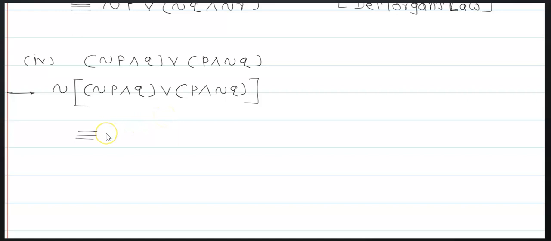That is the negation in bracket negation of P and Q, this or will become and negation in bracket P and negation Q. Bracket complete. Again De Morgan's law.